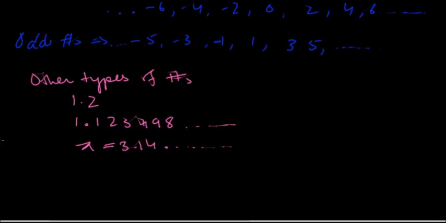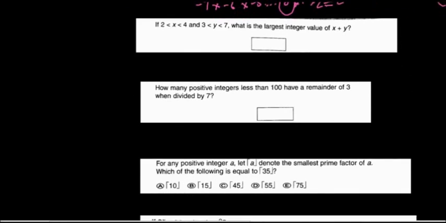Alright, so let's try some examples. If 2 is less than x is less than 4, these symbols are for less than.